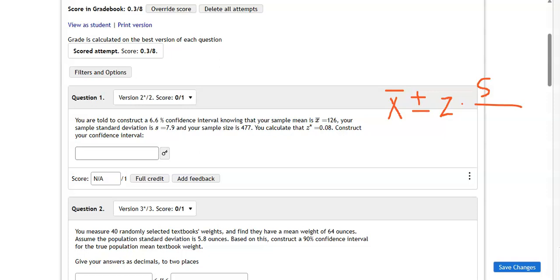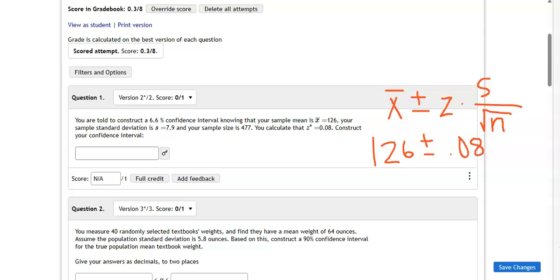We're given s here, over the square root of n. Okay, so x bar is 126 in this case. Then we'll do plus and minus, and it tells us what z is. Z is 0.08, which would be kind of a small value.